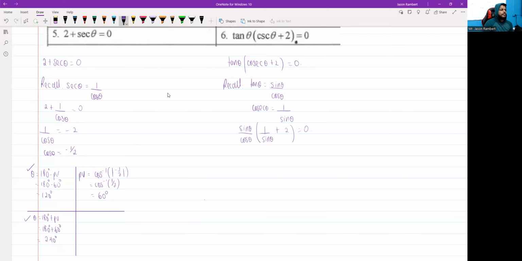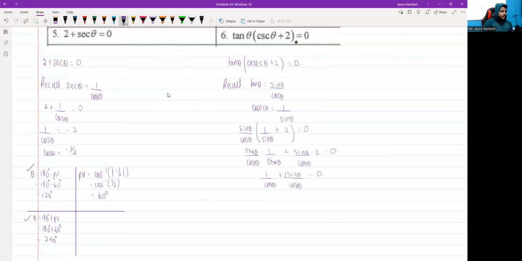So I end up with sine theta over cosine theta, open bracket, 1 over sine theta plus 2, close bracket, is equal to 0. Well, when we expand this out, I'll get sine theta over cosine theta multiplied by 1 over sine theta plus sine theta over cosine theta multiplied by 2 is equal to 0. You cancel sine with sine, and I get 1 over cosine theta plus 2 sine theta over cosine theta is equal to 0.